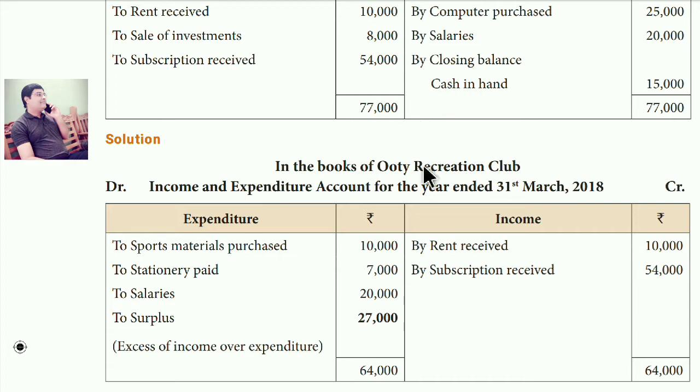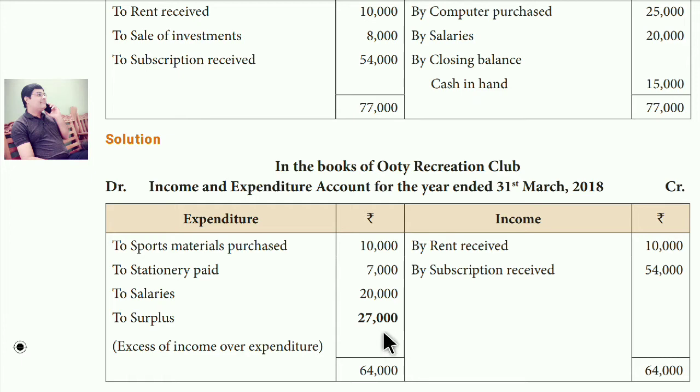Closing cash balance will not come here. Now see the answer. Receipt side 10,000 plus 54,000, 64,000. Then here if you add it, 10 plus 7, 17. 17 plus 20. So you have to add all this, so you will get 37,000. 64,000 minus 37,000, you will get 27,000 balance.